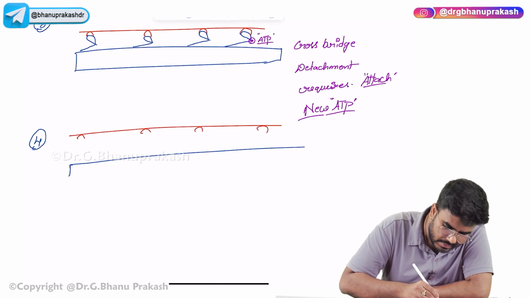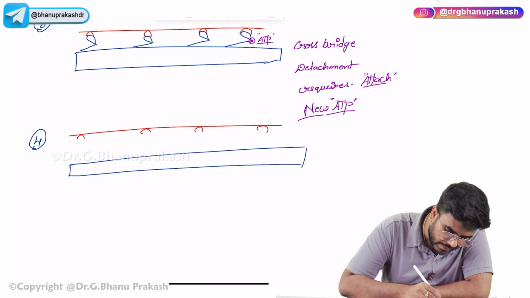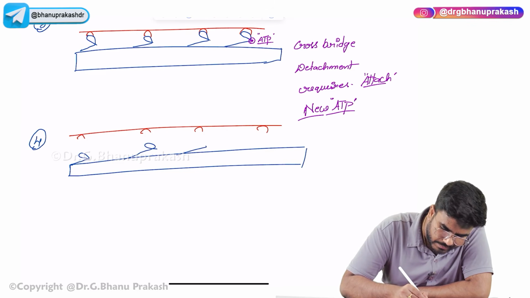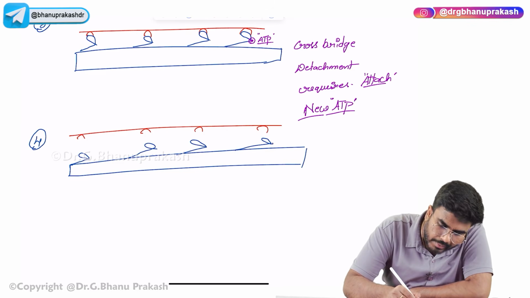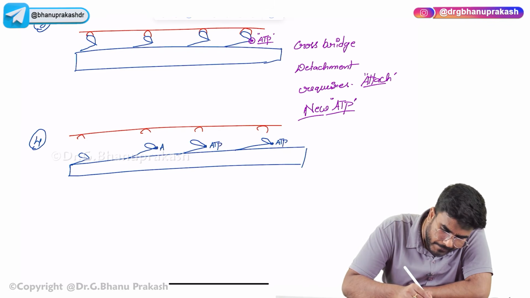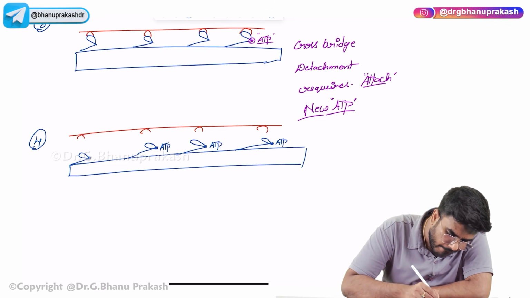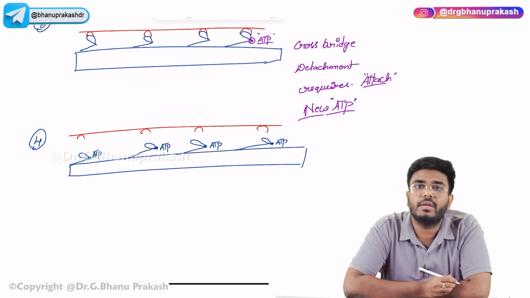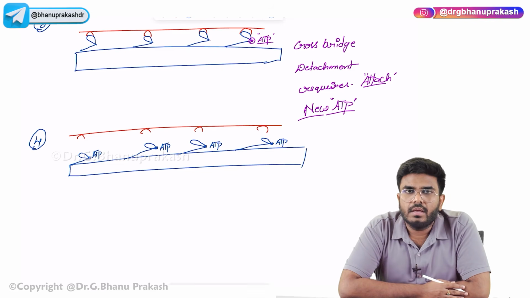Here is the myosin, and now the myosin heads. See, these myosin heads are all detached. Why? Because a new ATP molecule is attached.